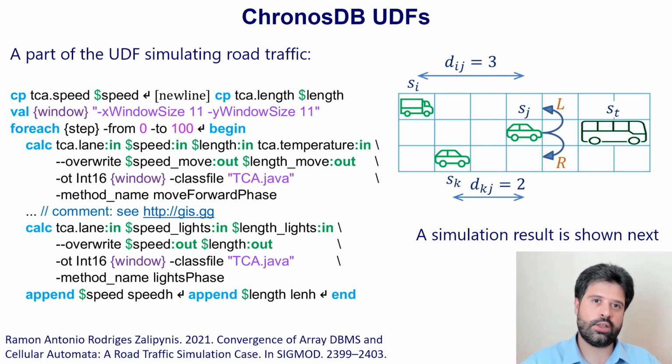The lastCal command deletes the current speed array and creates a new array with the same name. Unlike Python and C++ UDFs, ChronosDB native UDFs are optimized by compiler techniques and strict formal definitions of array operations. We will have a look at one of the simulation results in just a few minutes.